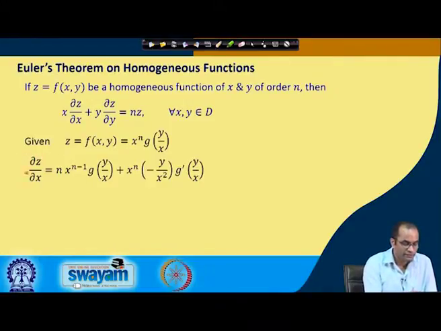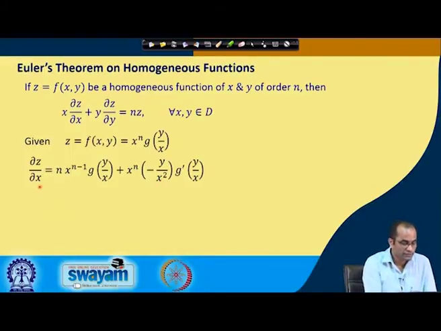So, here when we take the partial derivative of this with respect to x, what will we get? We have to differentiate, so n x power n minus 1, and this g remains as it is here, product rule. And then x power n as it is, and we differentiate g of y over x, which is g prime of y over x. So, the derivative of g with respect to its argument, g prime of y over x, and then the y over x will be differentiated with respect to x, which will give us minus y over x square.